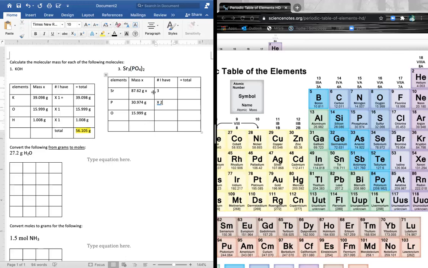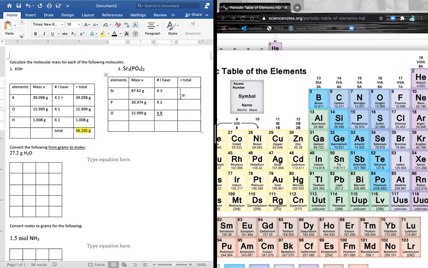So I'm going to multiply that by 2. Okay. Now we have to distribute it as well into the 4. So 2 times, again, parentheses mean times, so 2 times 4. So it means that we actually have 8 oxygen atoms in this chemical substance.